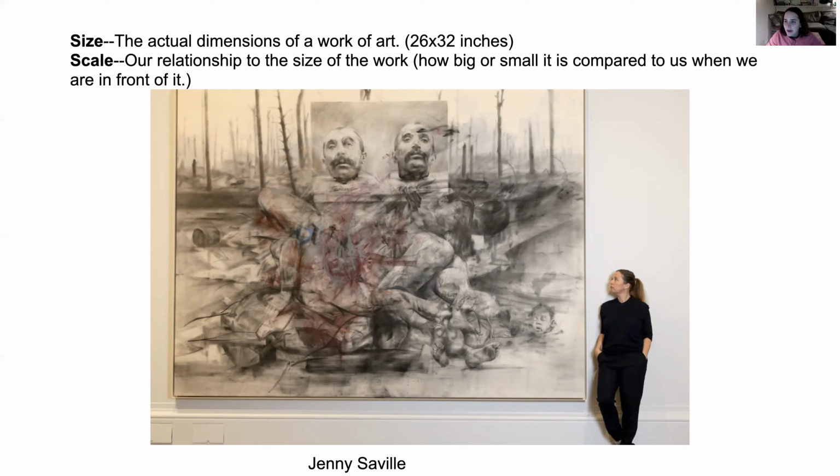Something else to think about is the relationship between the actual subject that they're depicting. So for instance, if it's a human, and then how big they've chosen to depict it. And so in this case, Jenny Saville is making these bodies larger than the real size of a body. And this is a very intentional decision.